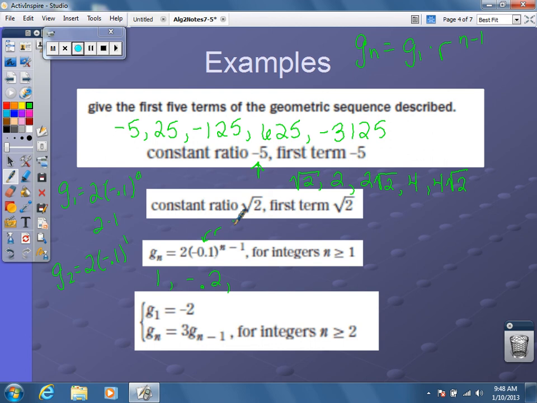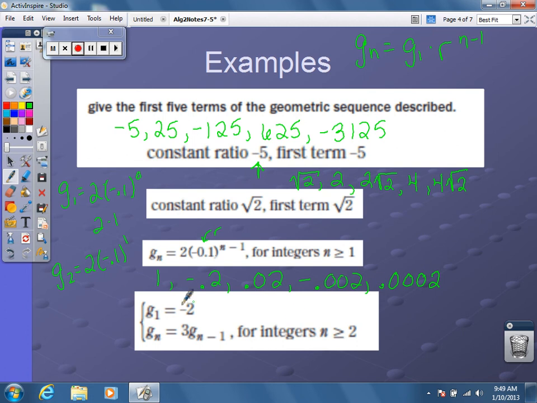And the next time I get positive 0.02, times negative 0.1, I get negative 0.002. And the next one's going to be positive 0.0002.